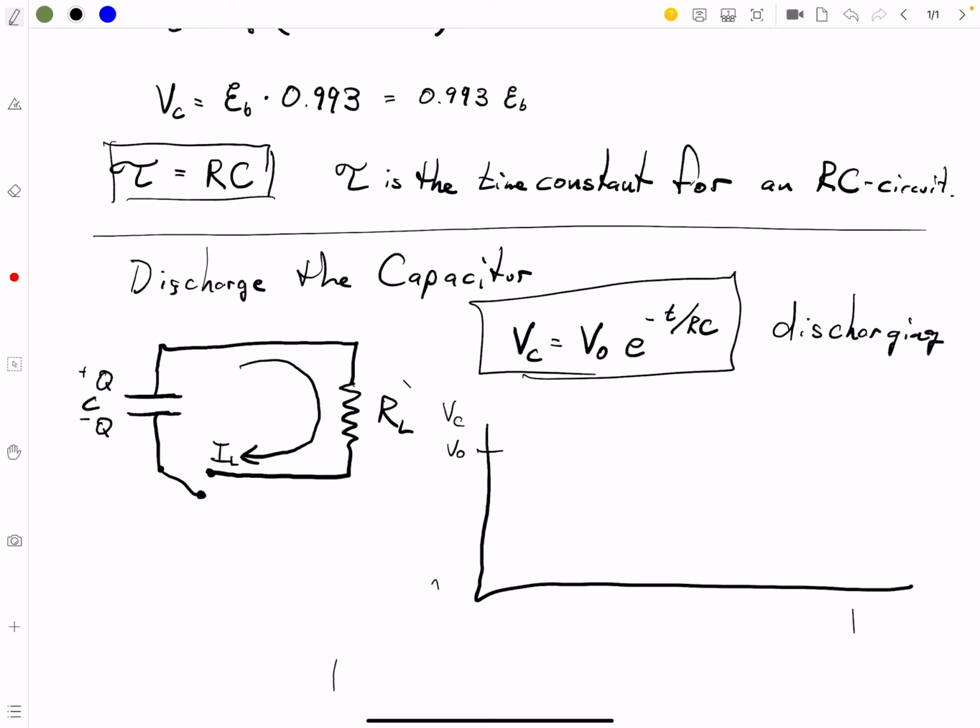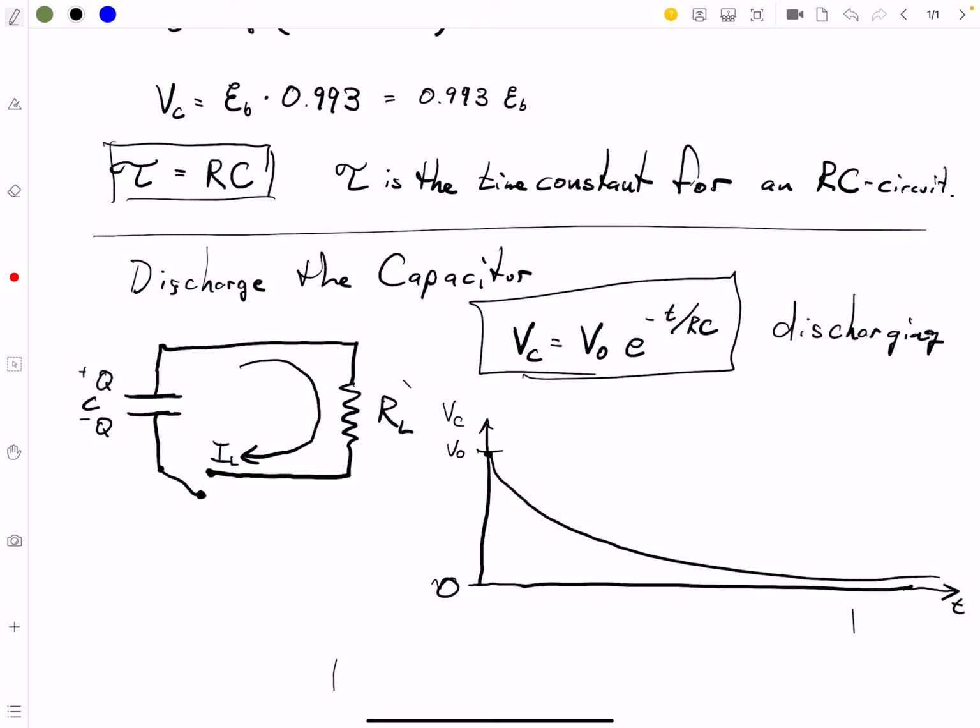So here's VC. It definitely starts out here equal to V0 and gradually approaches 0, as time marches on.